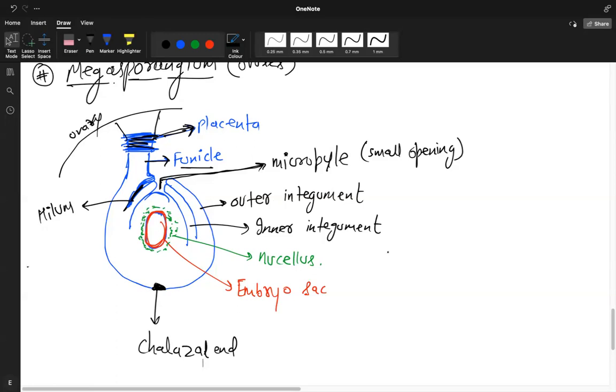Because it's the innermost layer, whenever something is in contact with something that needs to develop, like the embryo sac or the pollen mother cell, the function there is nutrition.